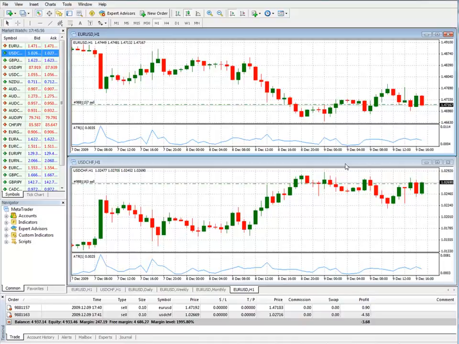So as the market moves, as the euro dollar, US dollar goes in one direction, the US dollar, Swiss franc goes in the other direction.